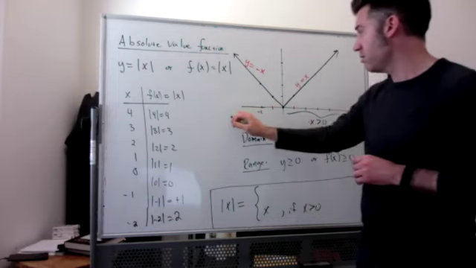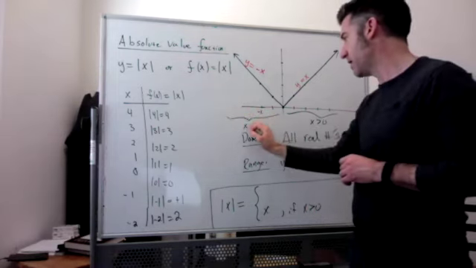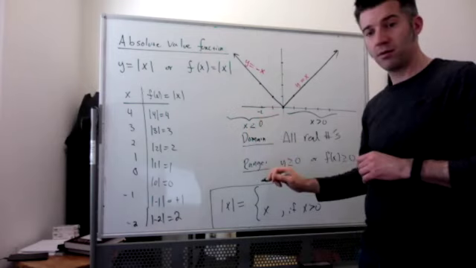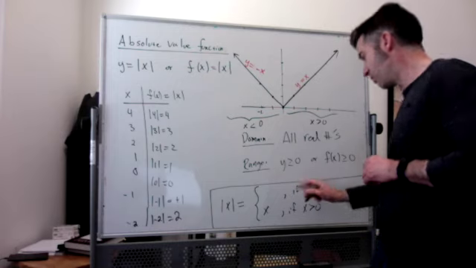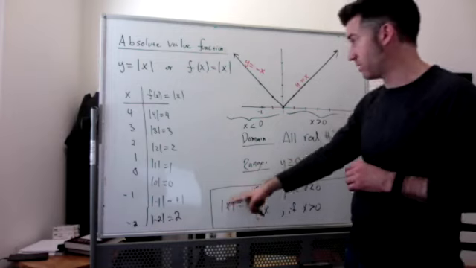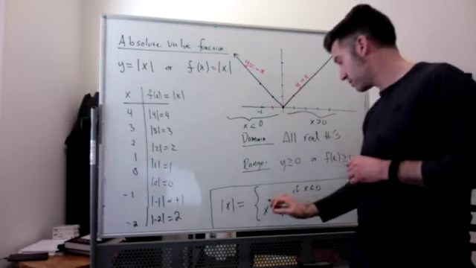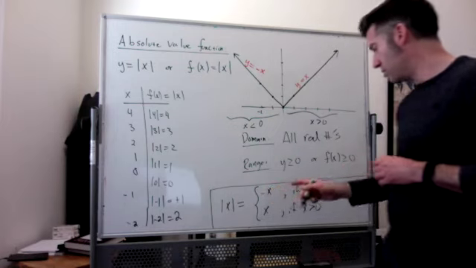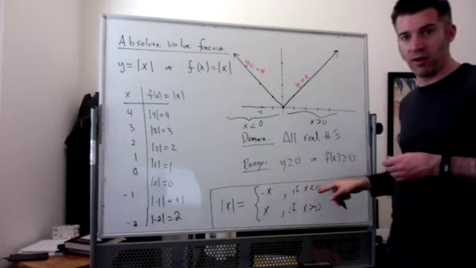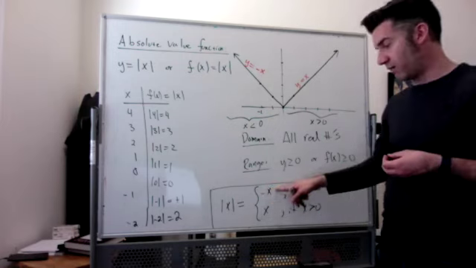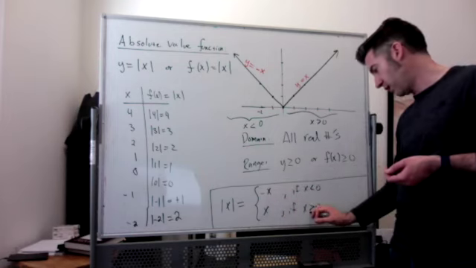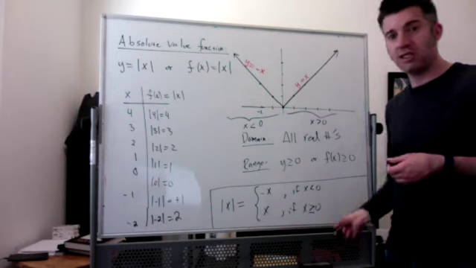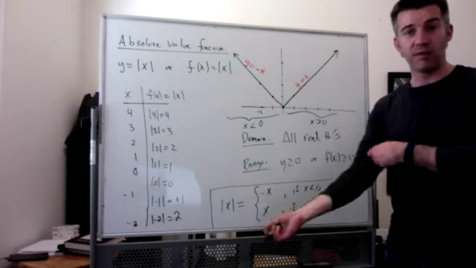But over here, if x is negative, then the absolute value of x is equal to negative x. And then you can pick 0 to go with either one, because whether it's equal to negative x or positive x, when you plug in 0, both of those are 0. So we can just tack on the equals right there. So this is a way that people define the absolute value as a piecewise function.